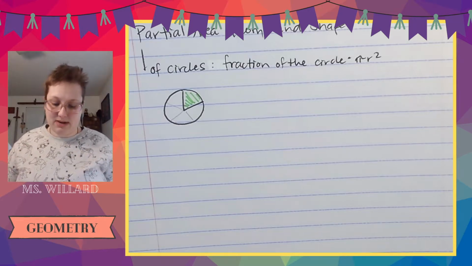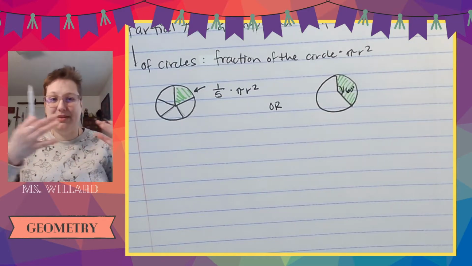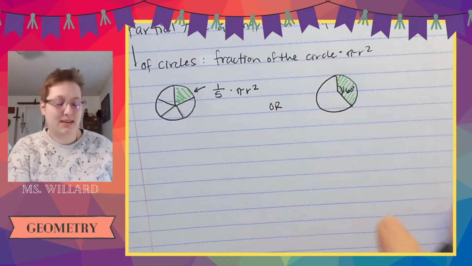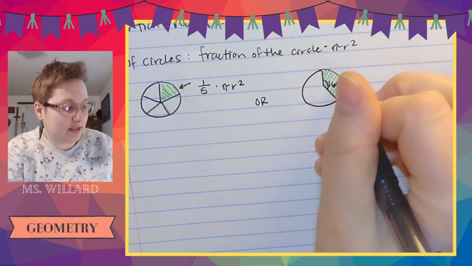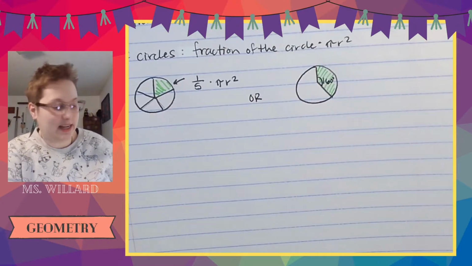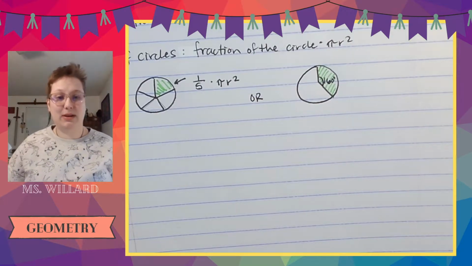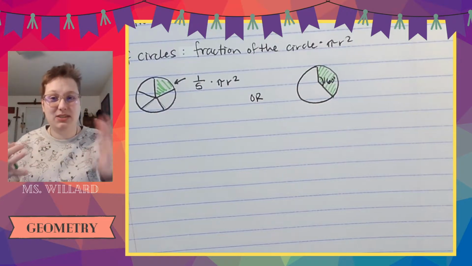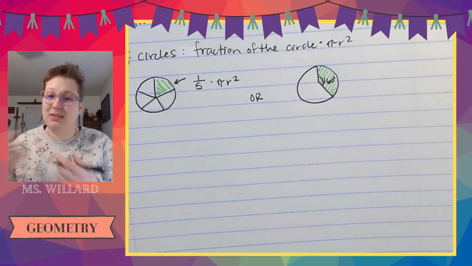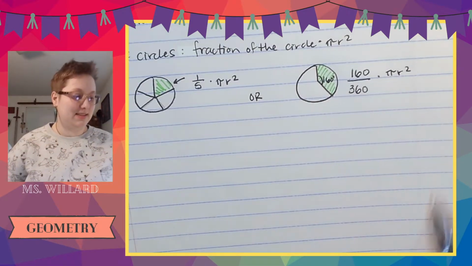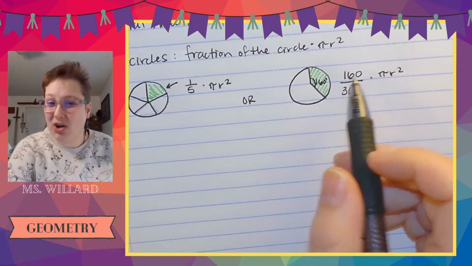So it could be done with fractions, or it could be done with degrees. Now, this is 160 degrees is what it says. I know I have tiny handwriting and I really wish I didn't. So if the whole circle has 360 degrees, we want to figure out what fraction of the circle this is. So this is the segment. This is called the arc length.